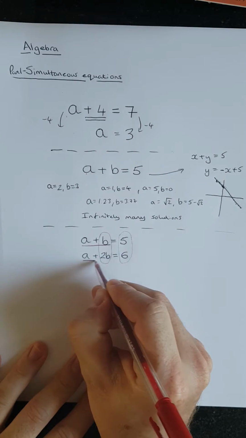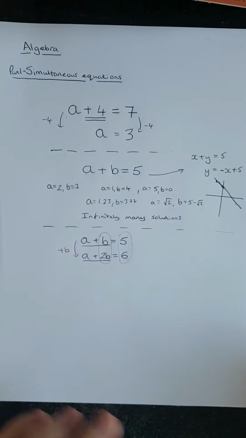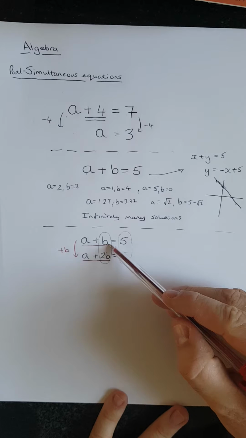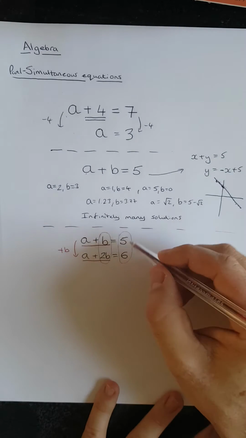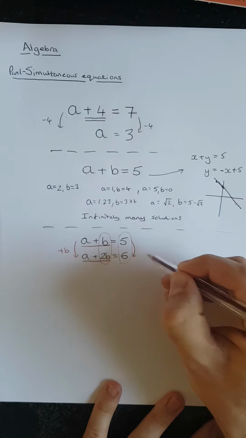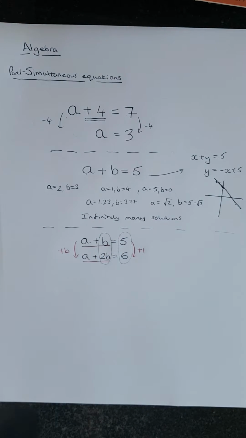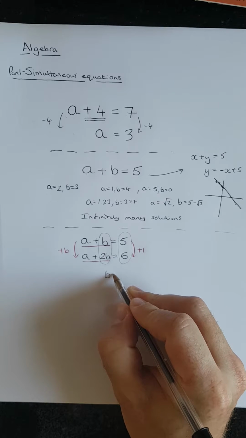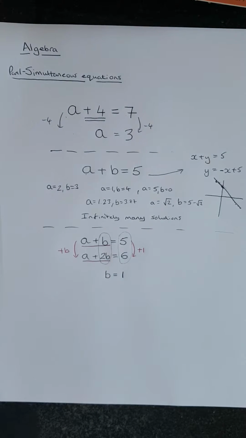Well, this side has had an extra b added to it. Gone from one lot of b to two lots of b. Over here, we've had 1 added. So you might tell me then that b, each b, is worth 1.